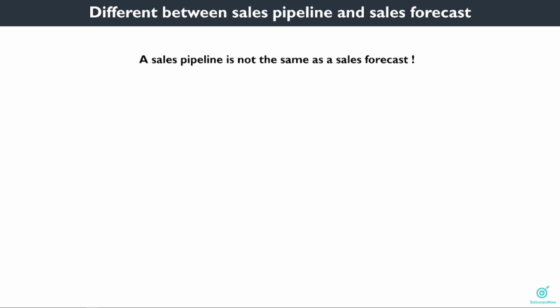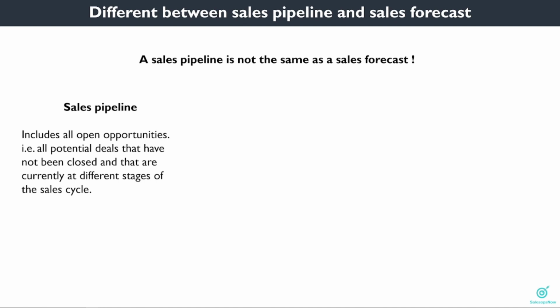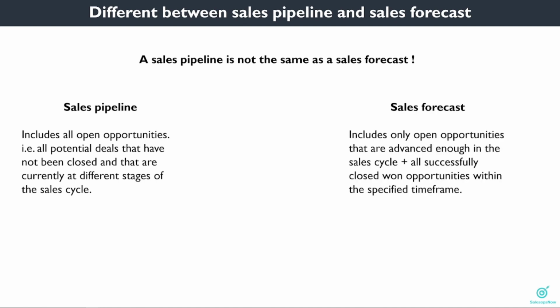A sales pipeline is not the same as a sales forecast. The sales pipeline consists of all open opportunities in the sales cycle, and the sales forecast only includes open opportunities that are advanced enough in the sales cycle, in addition to all opportunities that have already been closed-won within the specified time frame.